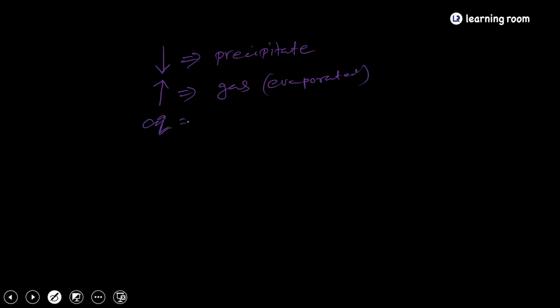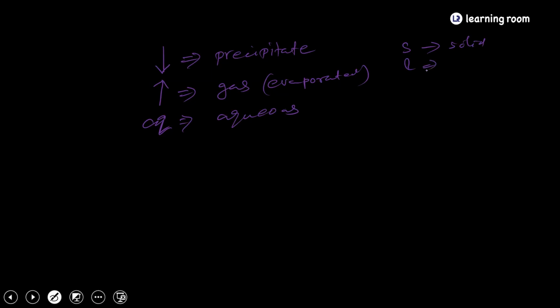When you are writing that equation, if you put a downward arrow, it means precipitate. When you write an upward arrow, it means gas, evaporate. It will go away, that is the meaning. Then aq is aqueous. S, solid.